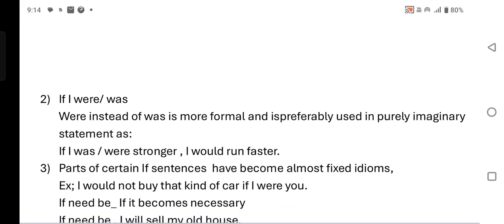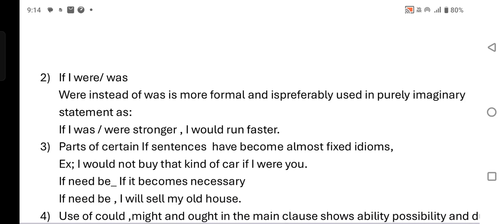What does it mean? Were used instead of was is more formal and is preferably used in purely imaginary statements. Example, if I was or if I were. Instead of was, we use were. If I were stronger, I would run faster.